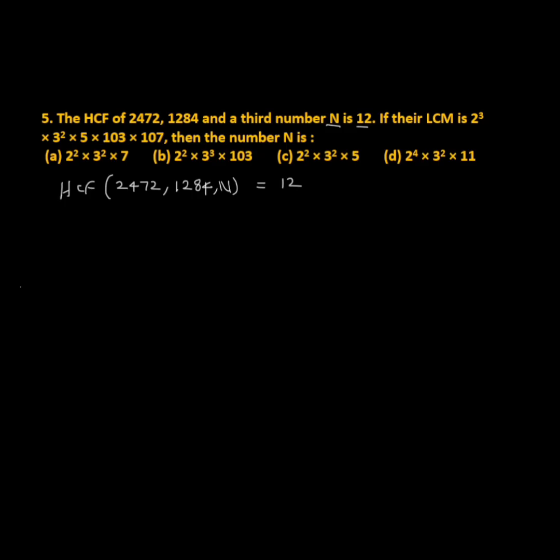If their LCM, that is the LCM of 2472, 1284 and n, is equal to 2 power 3 into 3 power 2 into 5 into 103 into 107, then the number n is, from three options, we need to choose one.